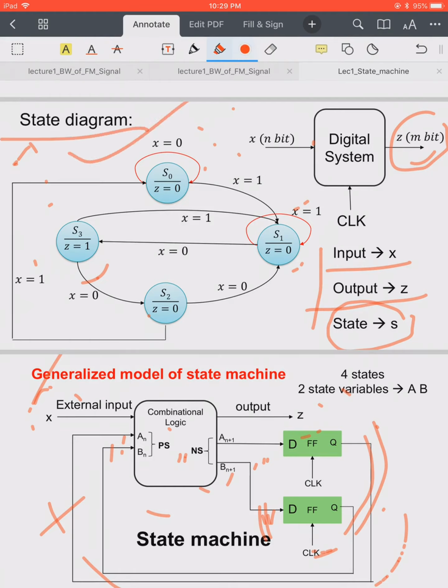But suppose there is some state diagram where there may not be an external input, or there may not be any output, or there may be an external input but no output, or there may be an output but no external input. So this is a generalized model. The states will obviously be there, because this is a state machine with a finite number of states defined, but the external input and output are optional.